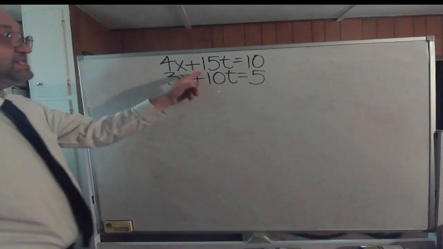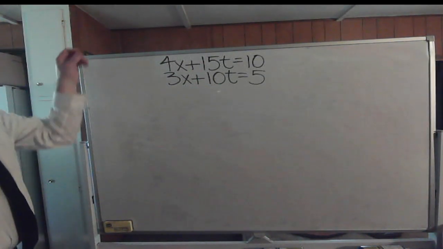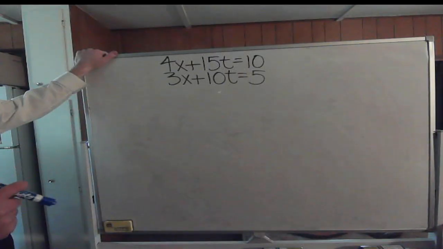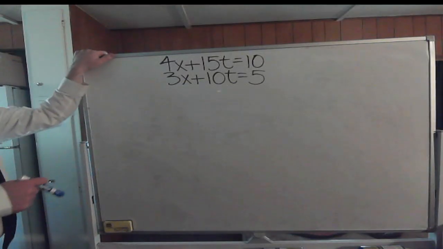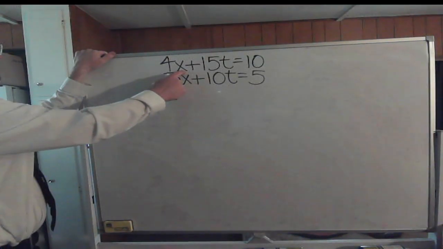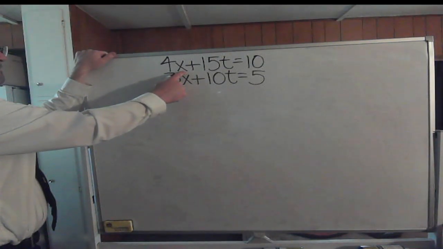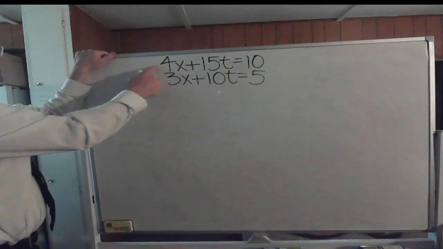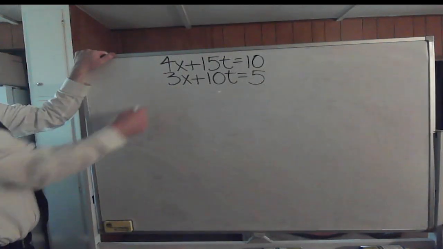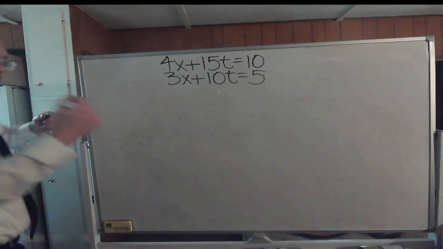You have 15t, and then you have a 10t. So, what you can do, if you want to make the x variables the same, you can multiply the first equation by 3 and then the second equation by 4. In fact, let's do that.